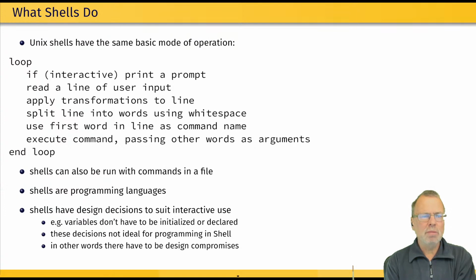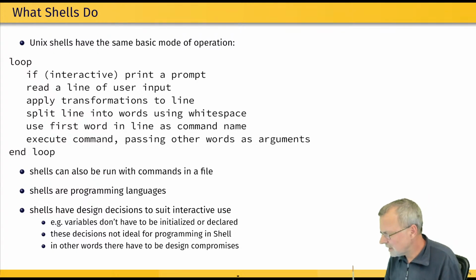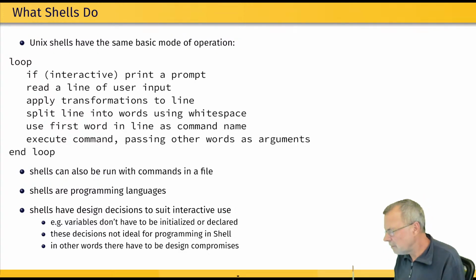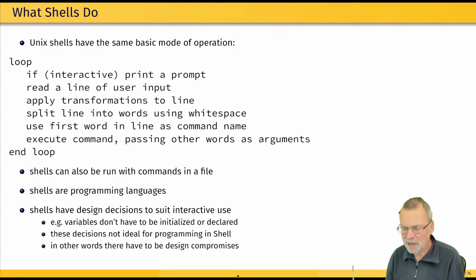This is sort of important. Well, there's I guess two things I'd like to see. This use interactively and this use as a programming language results in some shells making design decisions that are not perfect for either use. So when you're using the shell, particularly when programming, because the shell can be used interactively and it's got to be able to be used interactively, some of its error messages aren't so great.